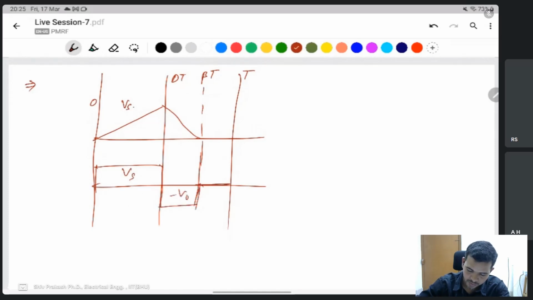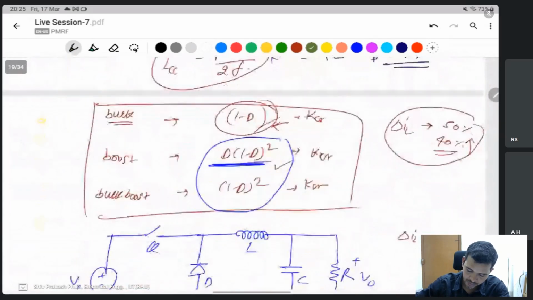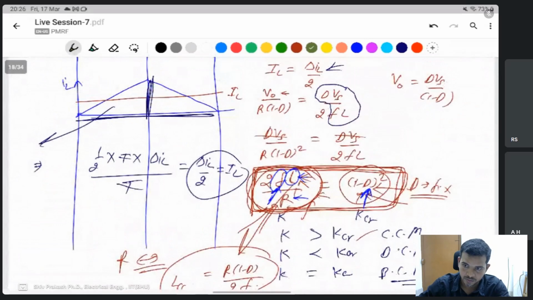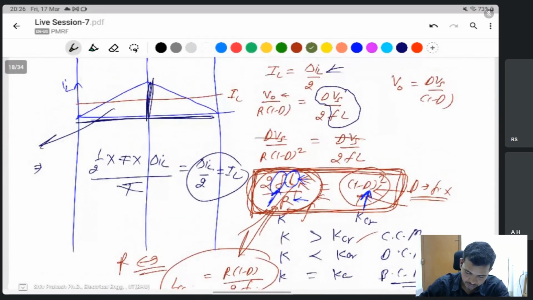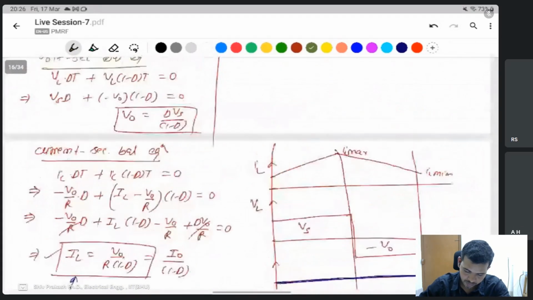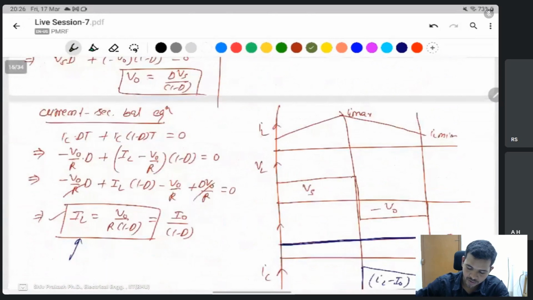The remaining time is 0. Buck boost converter same, minus of V naught.